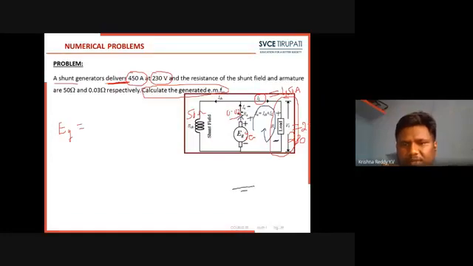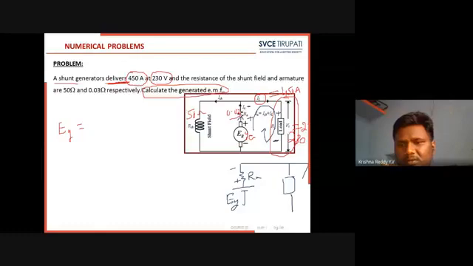Finally, we have a circuit like this. This is Eg. Here we have some resistance, this is plus, this is minus. This is RA. Here we have the load, with the given voltage V, plus and minus. Now by applying the KVL, tell me the generated EMF equation.